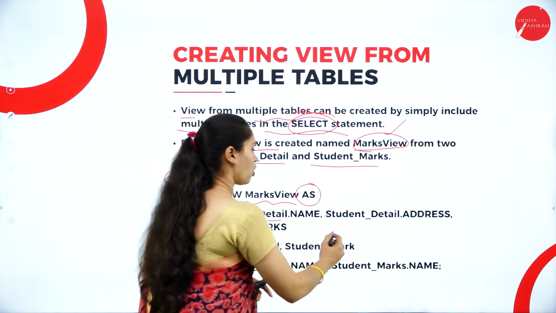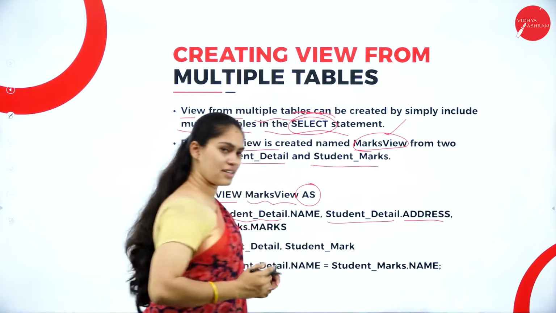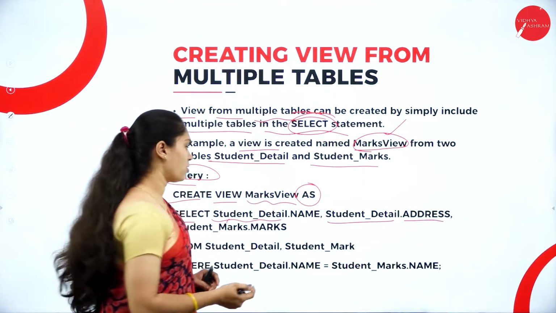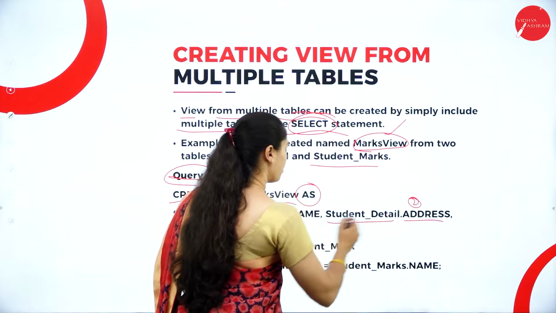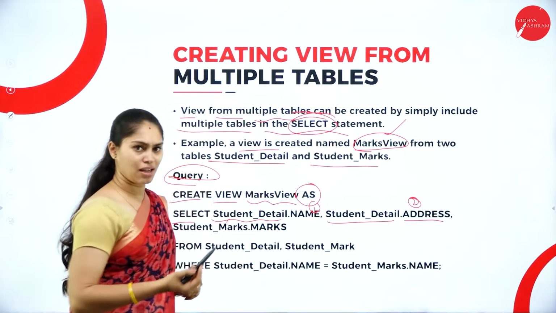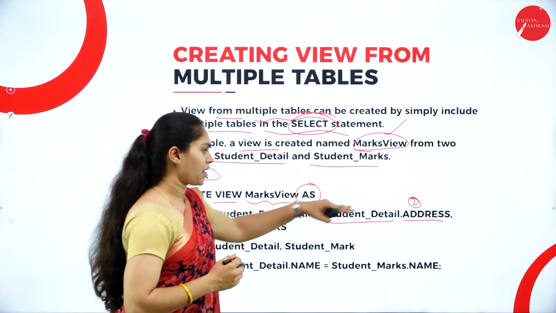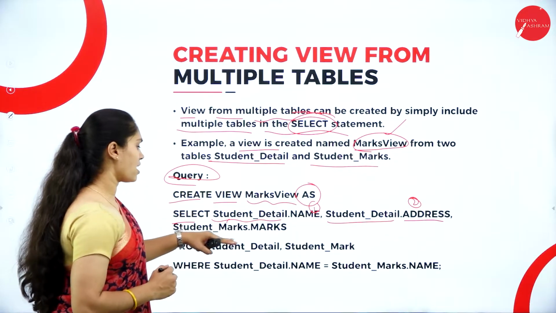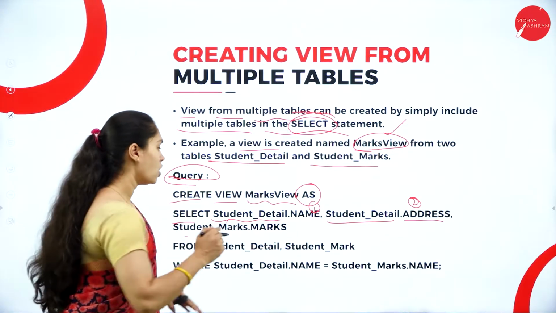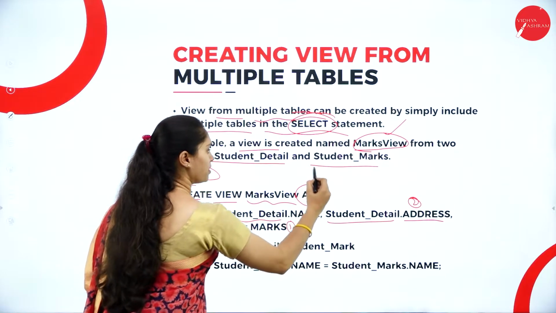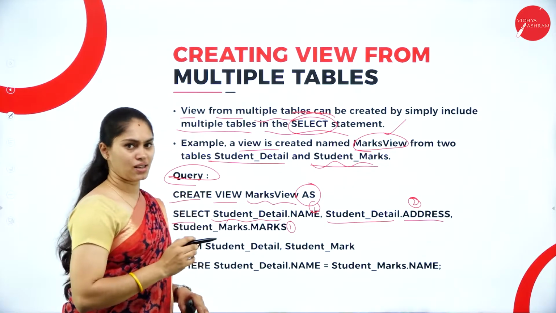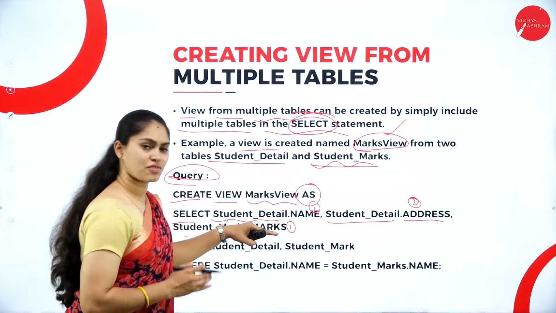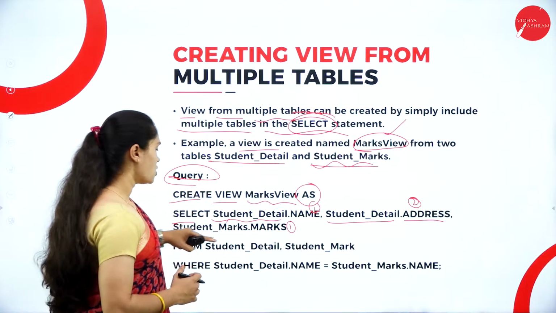And also comma student detail dot address. I am fetching one more column called address from the student detail table. So I picked name as well as address from the student details. Student marks dot marks. I am taking only one attribute from the student marks table. I am just taking the marks field or attribute from the student marks.